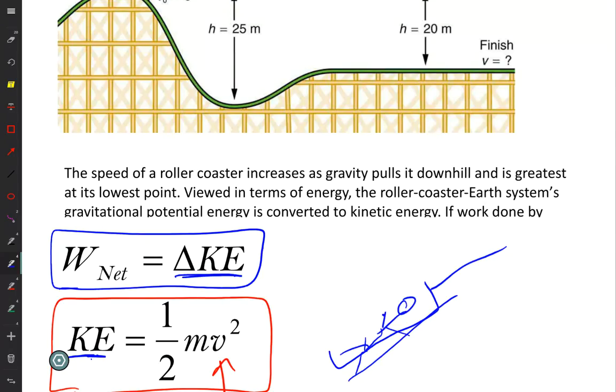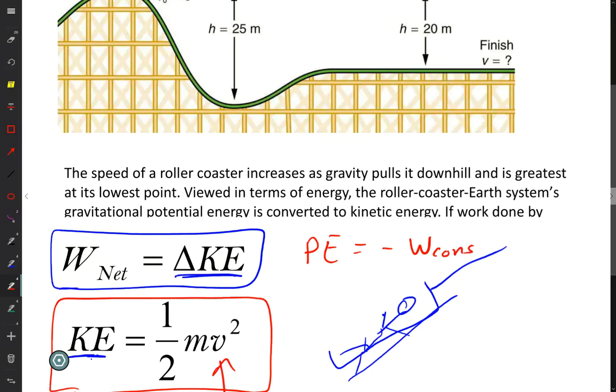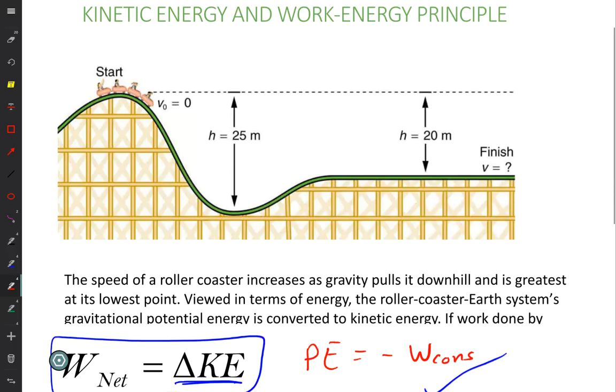Now we have learned about potential energy, and we learned that the change in potential energy is equal to minus the work done by a conservative force, such as gravity. So in this problem here, we are assuming no friction. Does it say that somewhere? I don't think it says that. But we're assuming no friction.